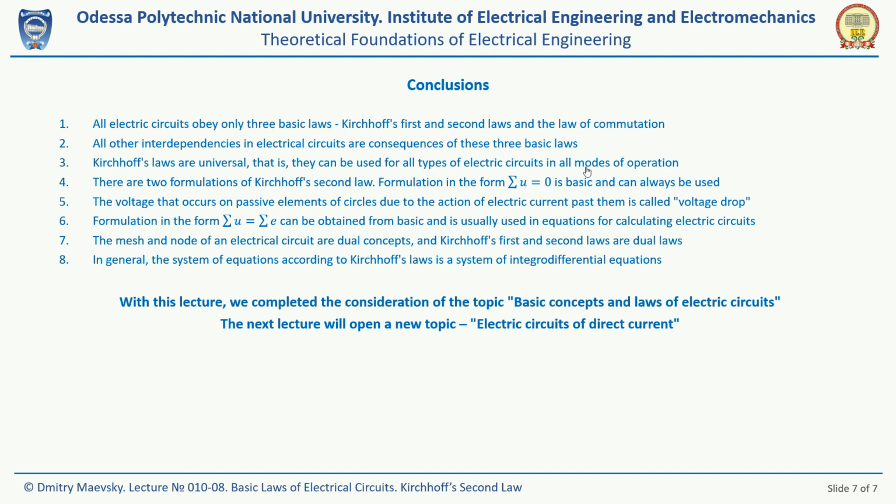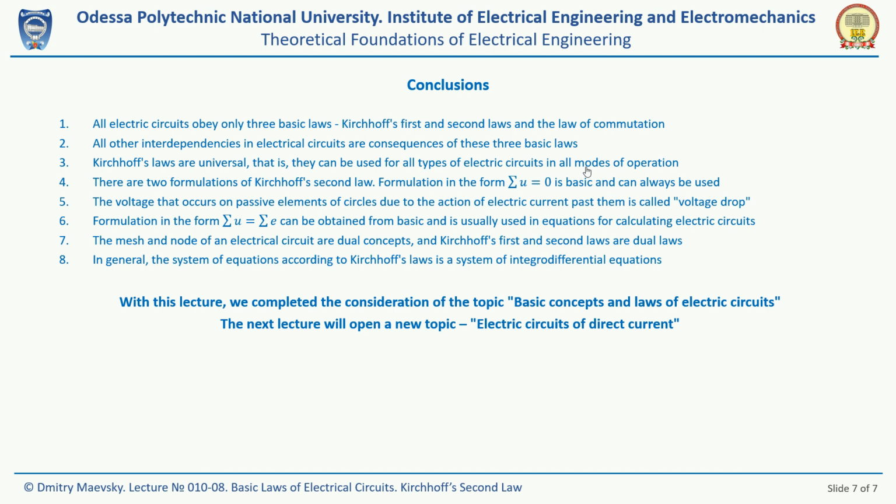Our lecture has come to an end, and we can make some conclusions. We know that all electric circuits obey only three basic laws. These are the first and second Kirchhoff's laws and the law of commutation.